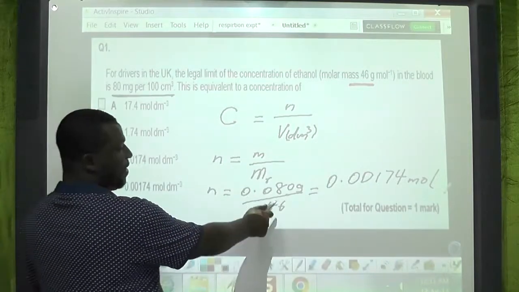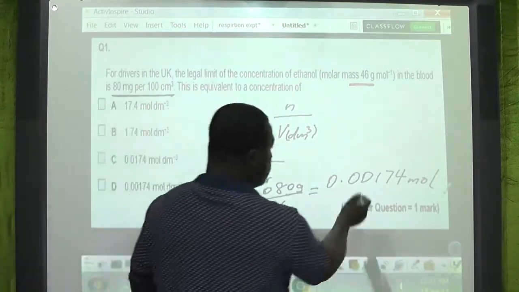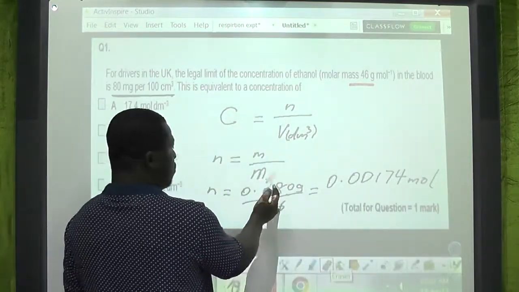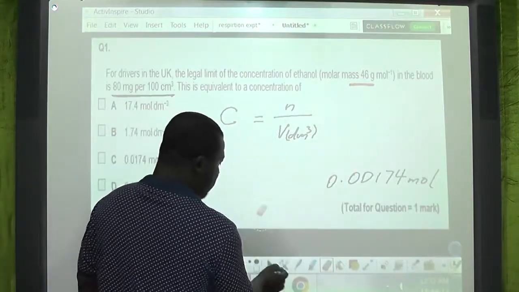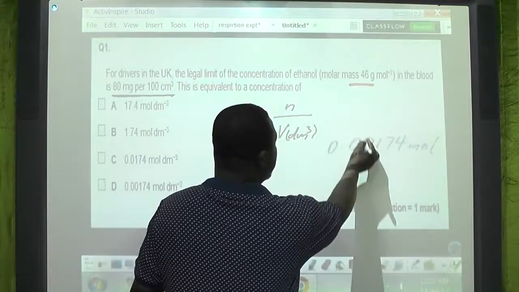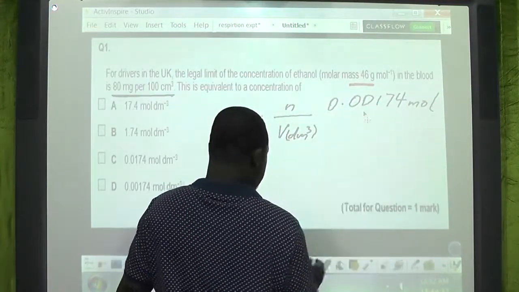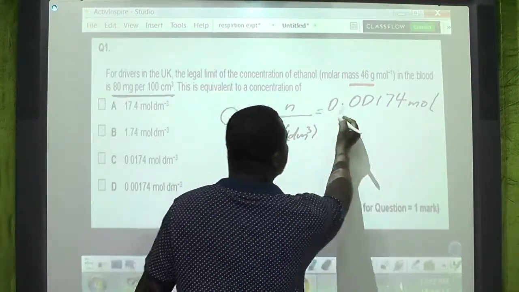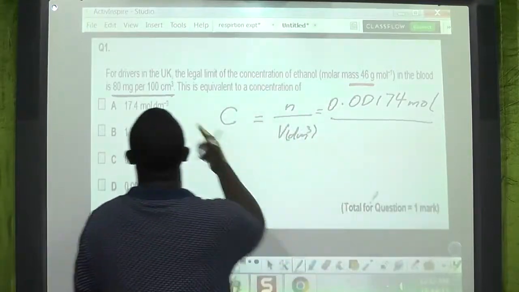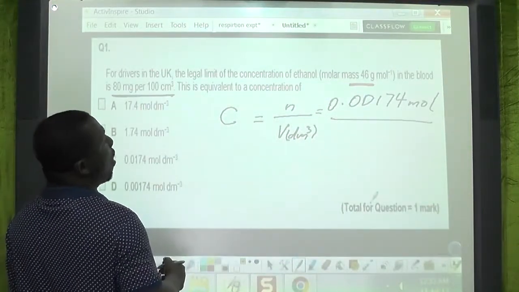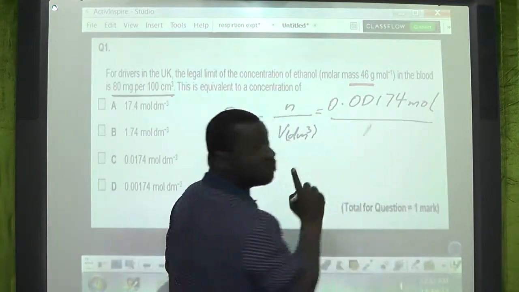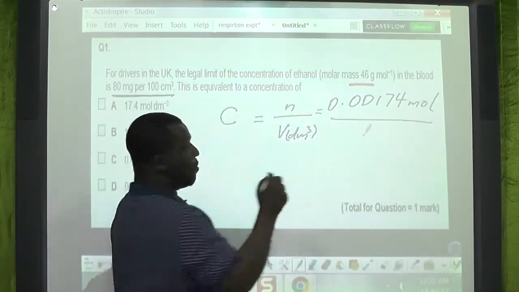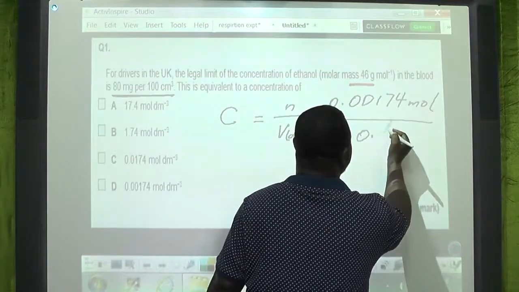So this is the number of mole. We don't need the earlier formula again because we already got the number of mole. Concentration equals number of mole divided by volume. The volume we have is 100, which must be in dm cube. 100 divided by 1000 is 0.1. So divide by 0.1.